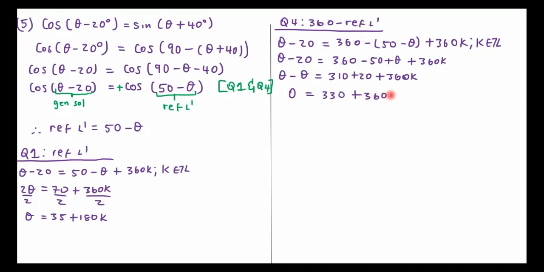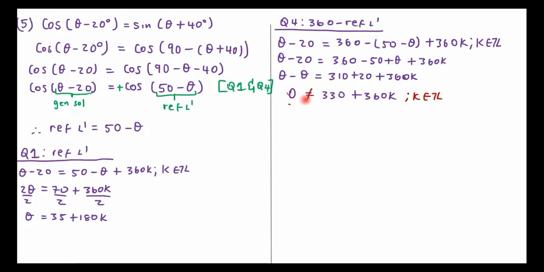This equals 330 plus 360k. Now notice something here. We have 0 being equal to 330 plus something times k, where k is an element of integers, right? There's no way that this can be true. The 0 cannot be equal to 330 plus 360k, remember, this k is an integer, so they cannot be equal.